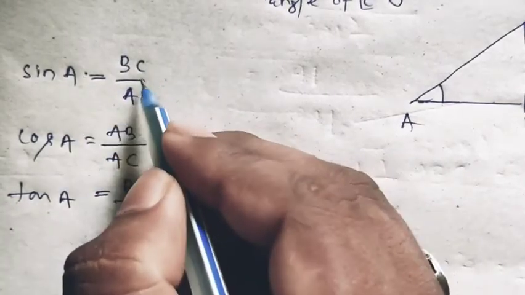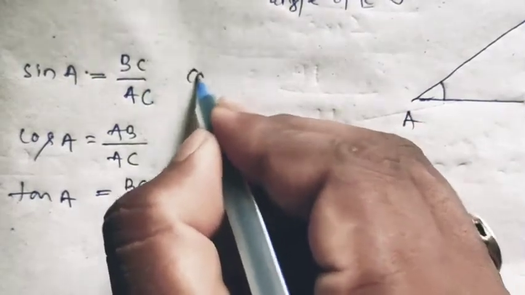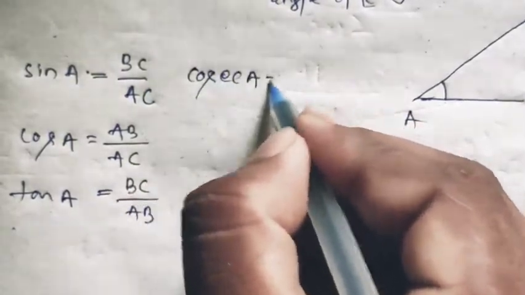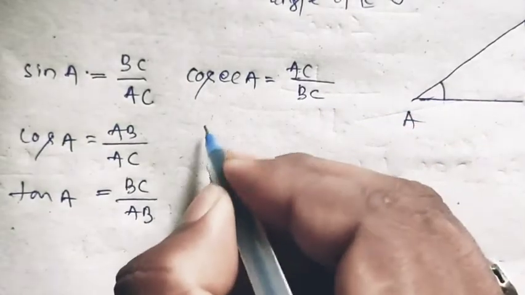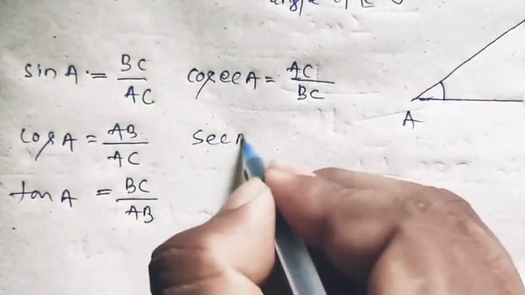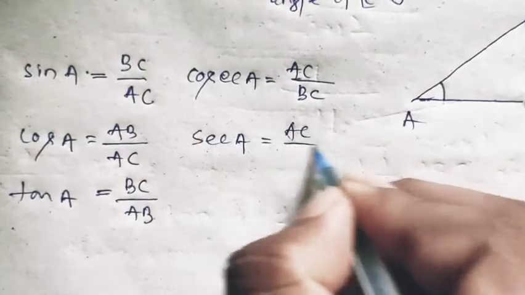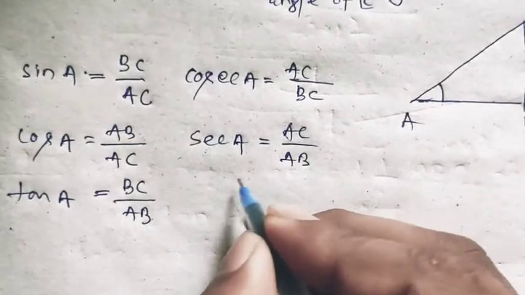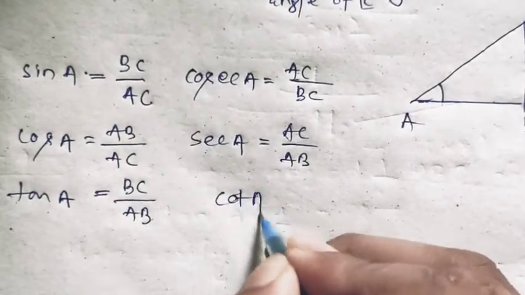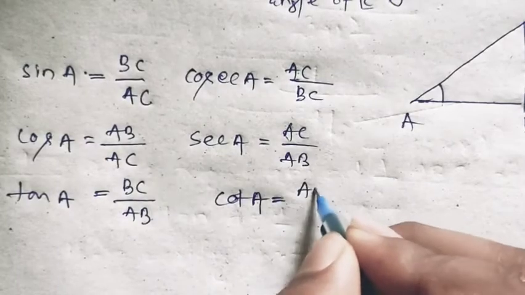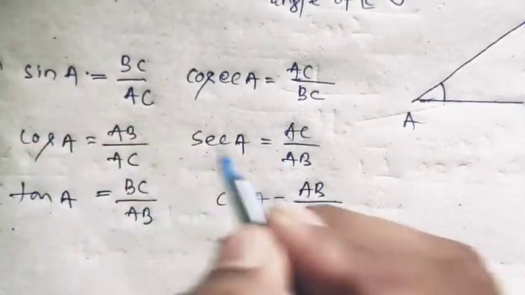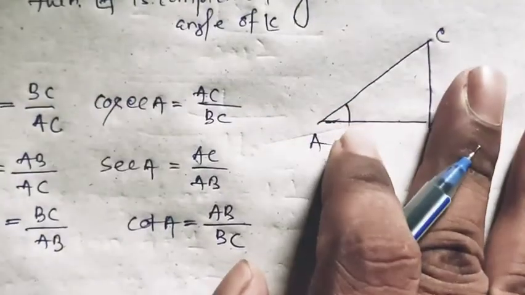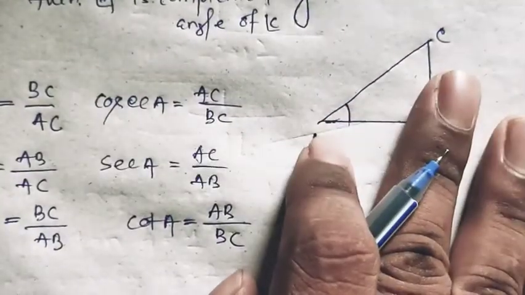Then cosec A is equal to AC by BC, sec A will be AC by AB, and cot A will be AB by BC. So these are the trigonometric ratios we can find from this triangle.